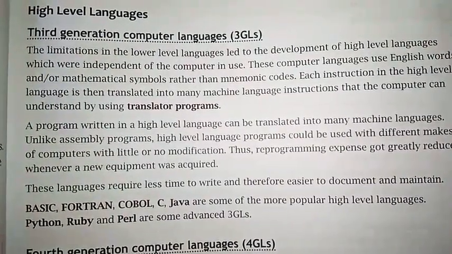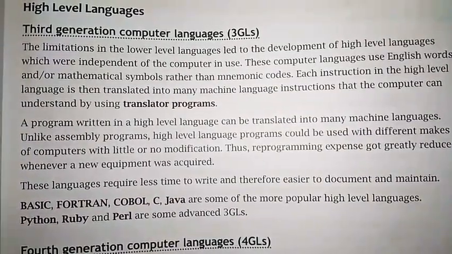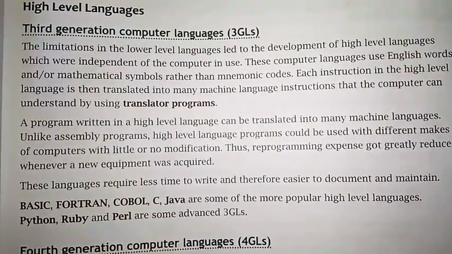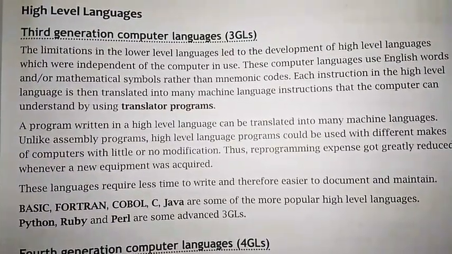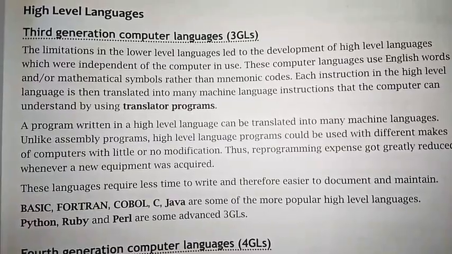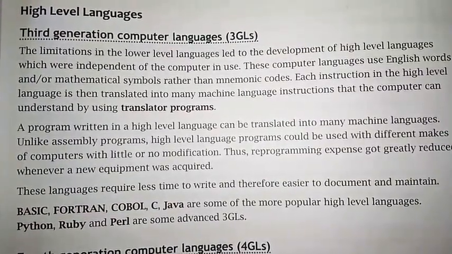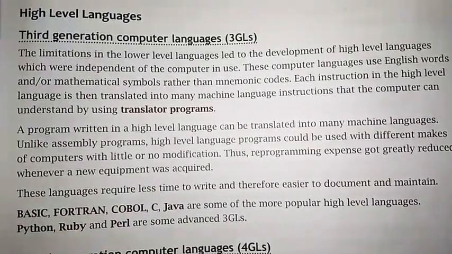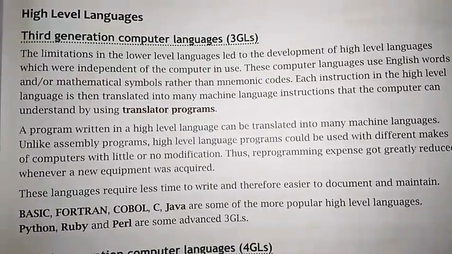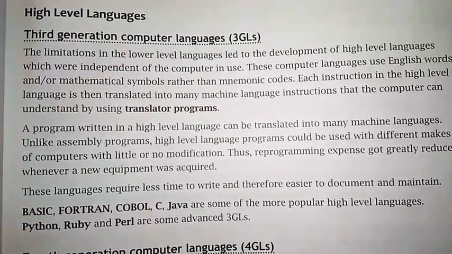Okay, so examples of the high level language, we can say that third generation computer languages are BASIC, Fortran, COBOL, C, Java, some of the most popular high-level languages. Python, Ruby, and Perl are some advanced 3GLs. These are advanced 3GLs, means third generation computer languages.